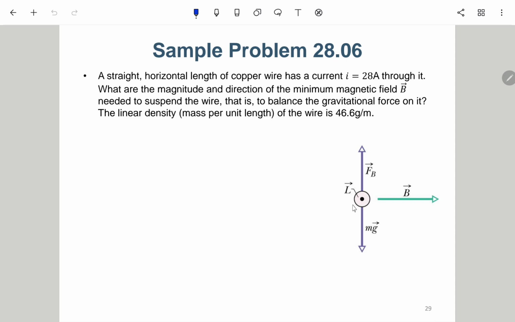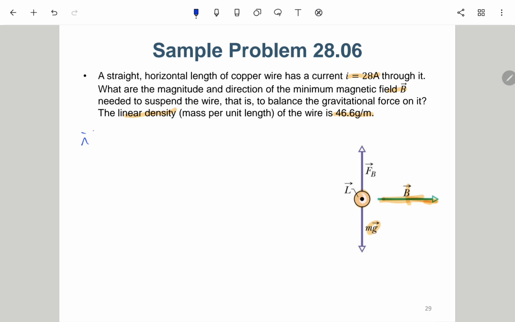What are the magnitude and direction of the minimum B field needed to suspend the wire, that is, to balance the gravitational force on it? So it has a mass. The linear density of the wire is 46.6 gram per meter. So the wire has a weight, so it has gravity. There is also a B field, and the current is going out of the page. So the question asks how large a B field we need to apply so that the Lorentz force exactly cancels the gravity.